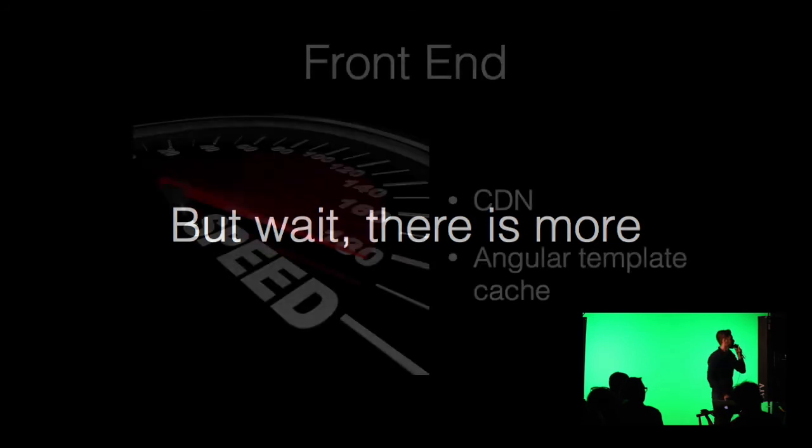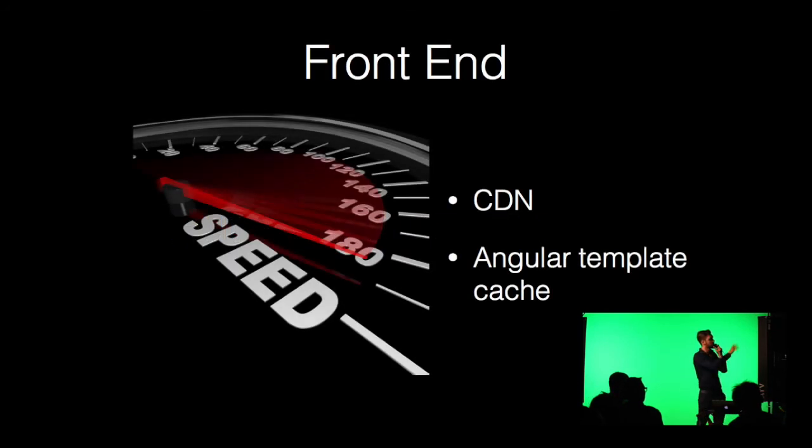But wait, there's more stuff we can do now on the front end. Now all our front end stuff is just a bunch of static files. We can just get this whole thing and utilize a CDN for it. So it doesn't matter where you're at, whether you're in Russia, Japan, or the United States.